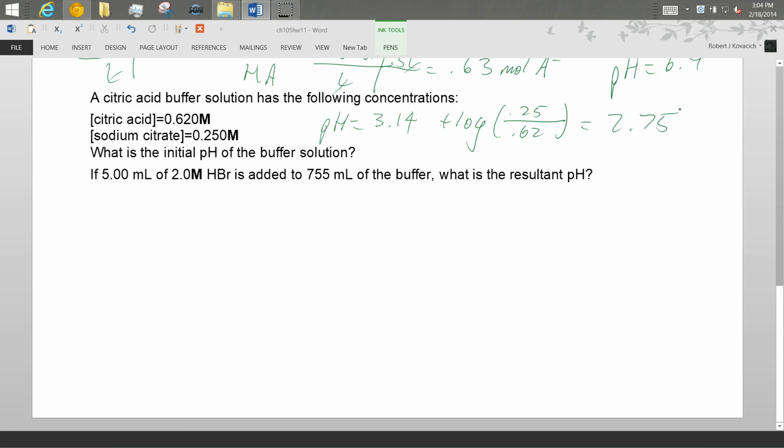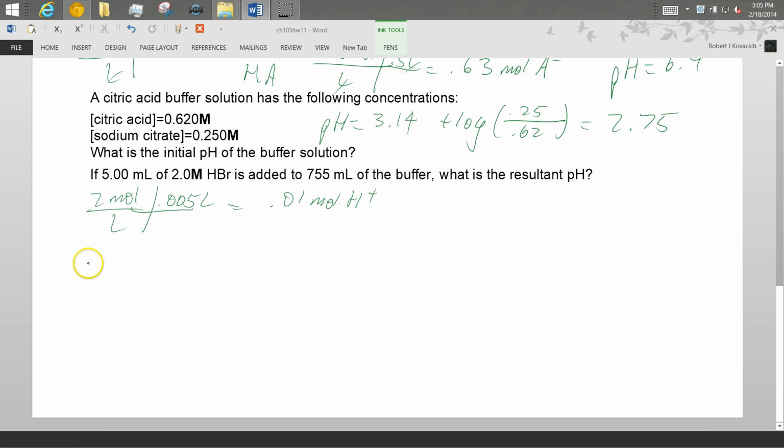Okay. And I'm going to add hydrobromic acid. So what are we expecting the solution's pH to do? Go down, but not very much. Okay. So I need to calculate out moles for each of these things. So I've got 2 moles per liter, but I've only got 5 milliliters, so 0.005 liters. And so 0.01 moles of the acid.